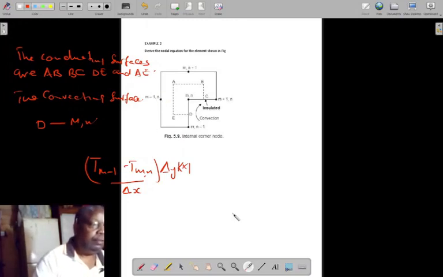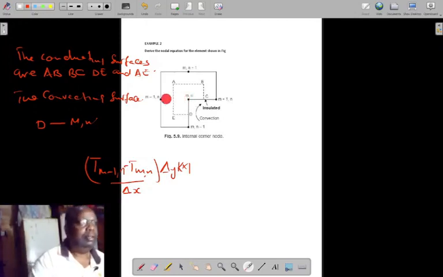So I've left something here, this is supposed to be comma n. So between that node there, major node and that node, and the motion is in the x direction, so the area that is perpendicular to that direction is delta y times 1, and there will be some k there.